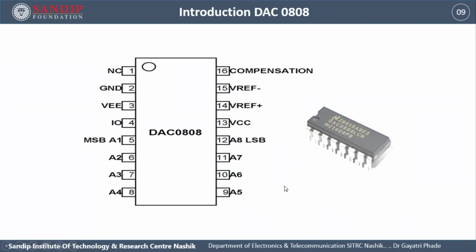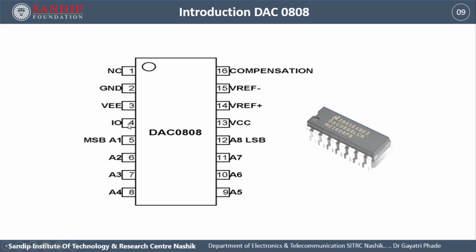Let us understand DAC 0808 that we are going to use. Here is the pin configuration of DAC 0808. Let us understand the purpose of pin. One is not connected, second is the ground, third is the VEE will be ground.